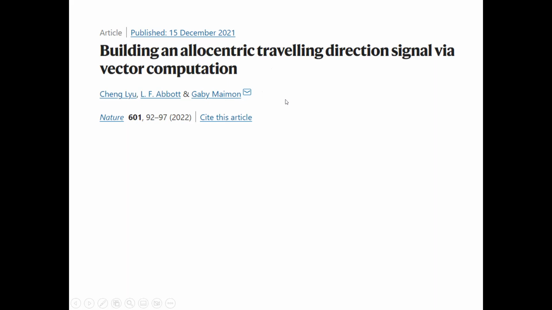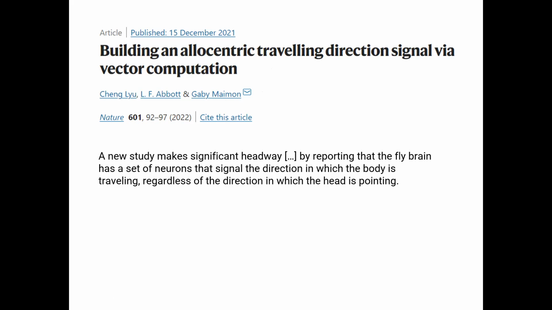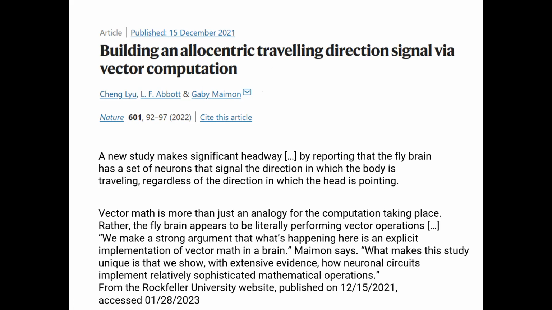So the brain acts like a computer that does computations. Okay, so let's put these two things. We're just reading that.